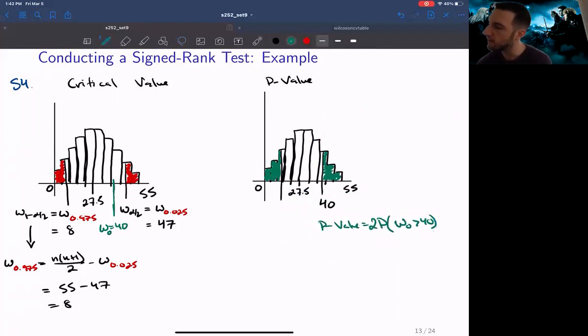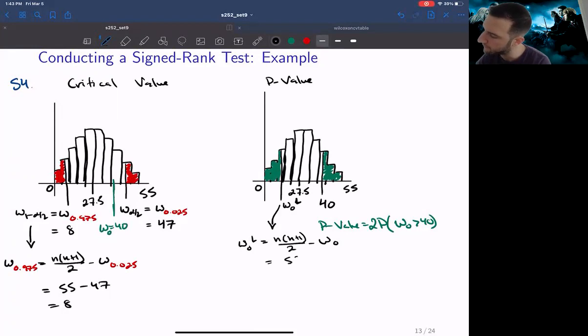We can actually work out this value using the same relationship we had before. So this quantity here, let's call it W0 lower. W0 lower is going to be n times n plus 1 over 2 minus W0.